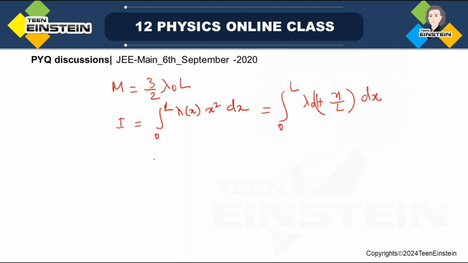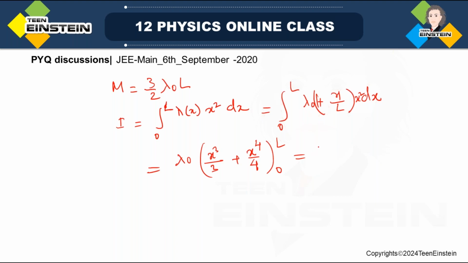And x square also will be there. So lambda 0, this will be x cube by 3 plus, okay, so there was the problem. This is x square into x, so x to the power 4 by 4. I had written 5, so that's why there was the problem. So 0 to L here.